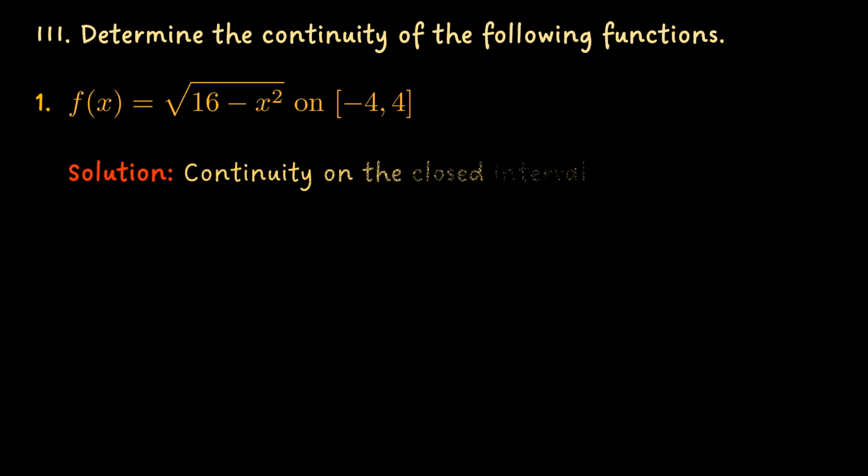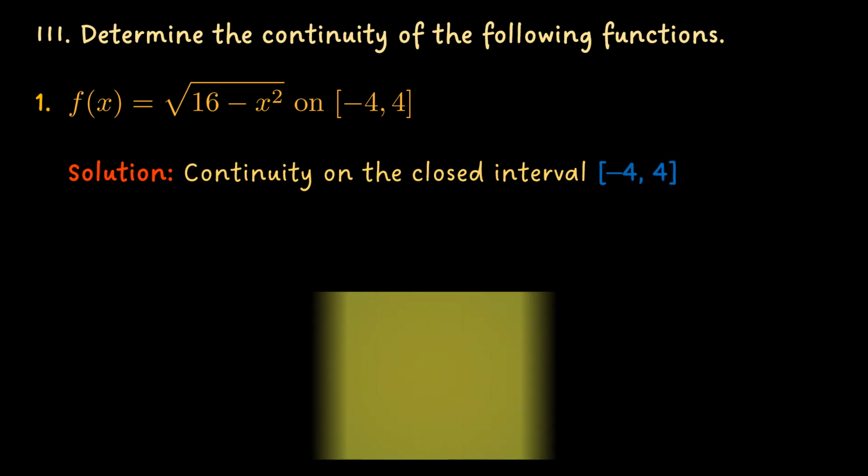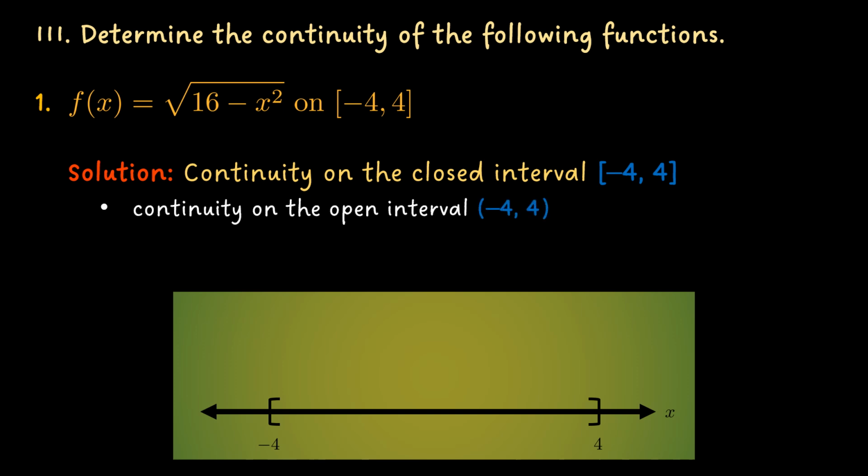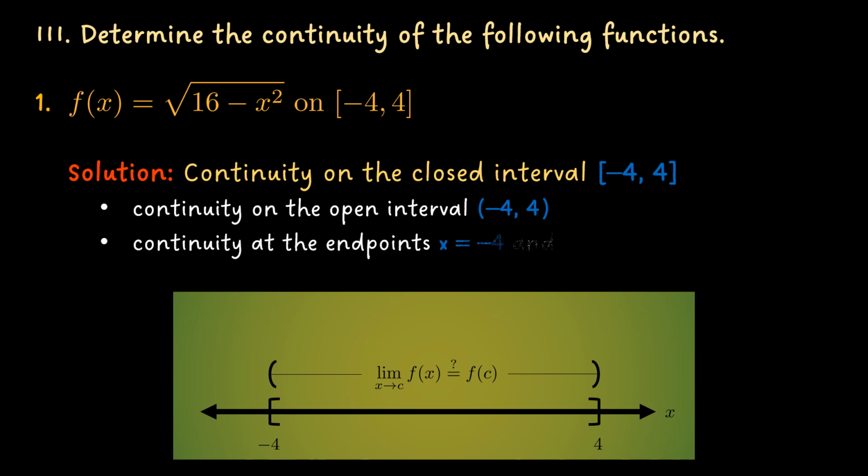The continuity on the closed interval -4, 4 depends on the continuity on the open interval -4, 4, and the continuity at the endpoints x equals -4 and x equals 4.